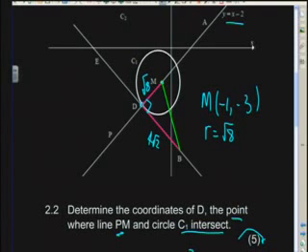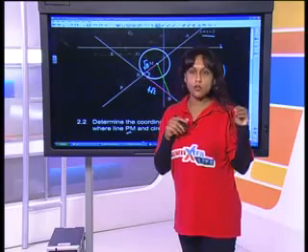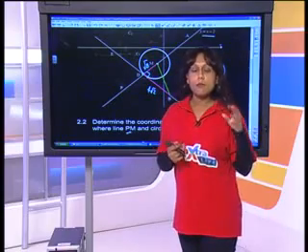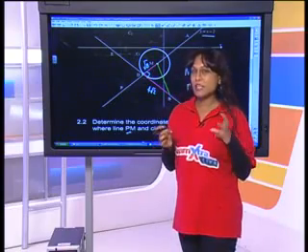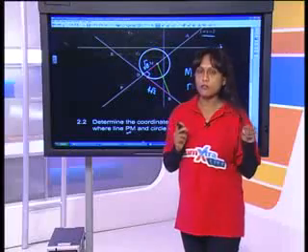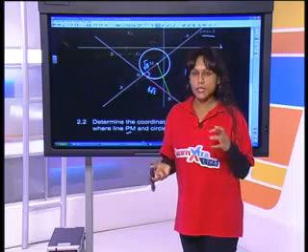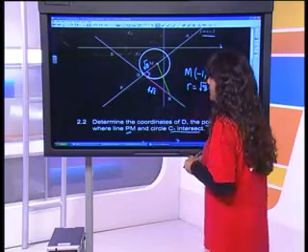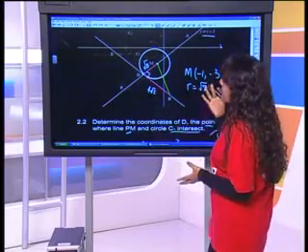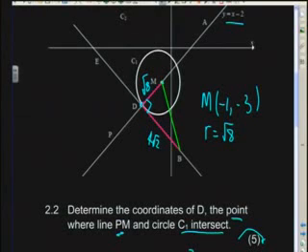If you didn't know that, then this question was going to be very, very difficult for you to do. But you have to know that the radius is perpendicular to the tangent at the point of contact. Why do we need that? Well, very importantly, if we've got a 90 degree angle in a triangle, we get a right angle triangle, which means we can use Pythagoras.